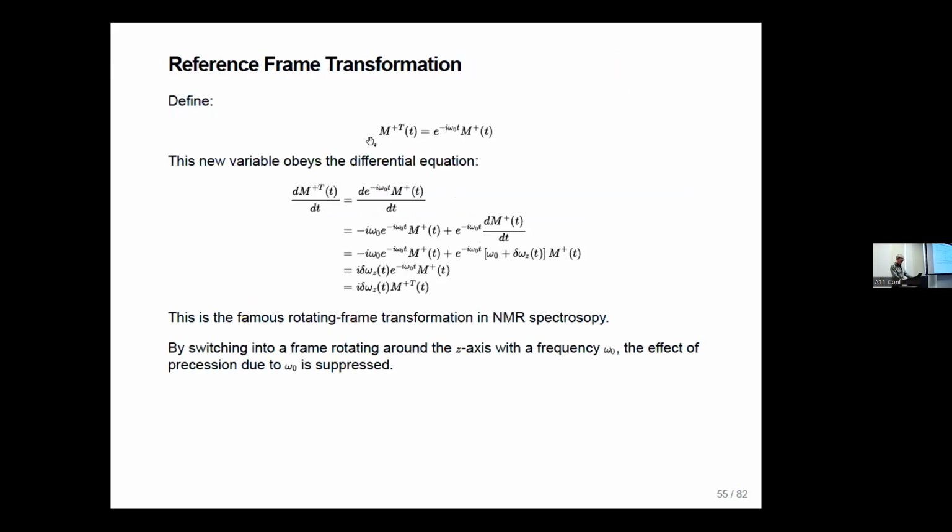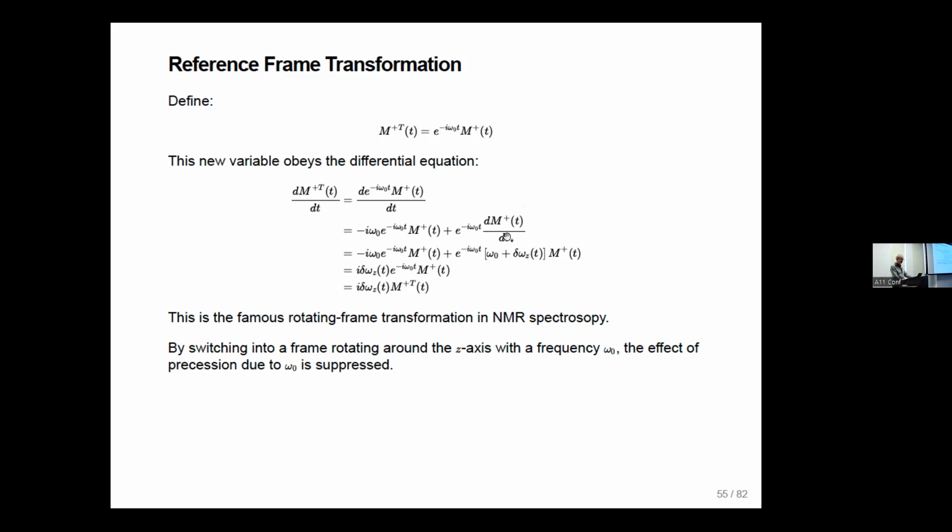So here's the transformation. In the transform frame, which I'll call T, I multiply by e to the minus i omega naught t, and I find a differential equation for the transform magnetization by differentiating using the chain rule. I know what dM plus dt is.